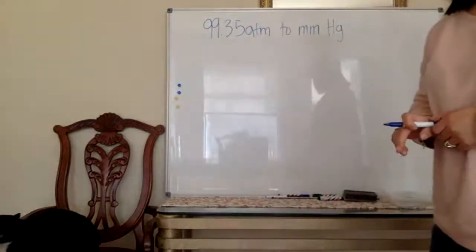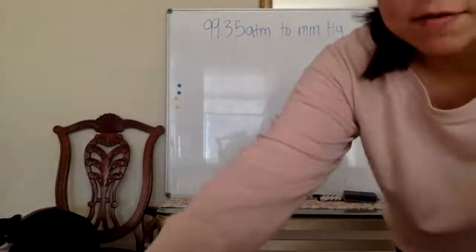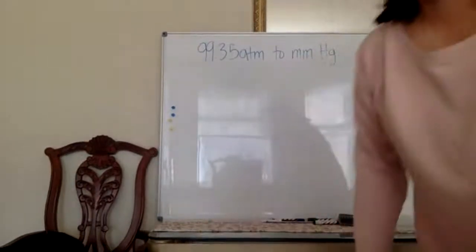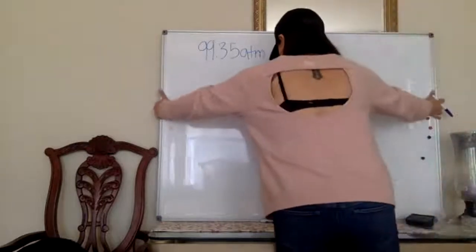Okay, can you guys see that? Let's see, 99.35 ATM to millimeters of mercury. So the way we would do this one, let me make sure.